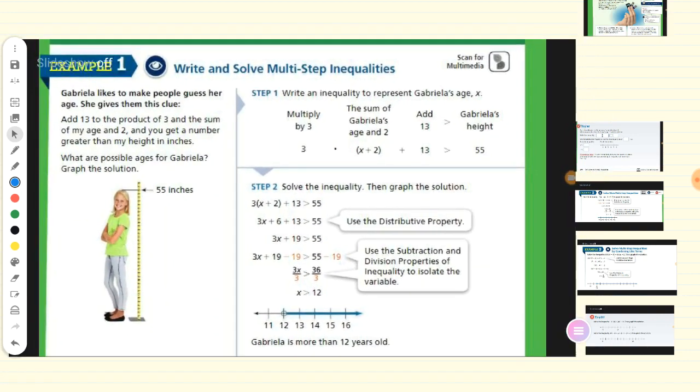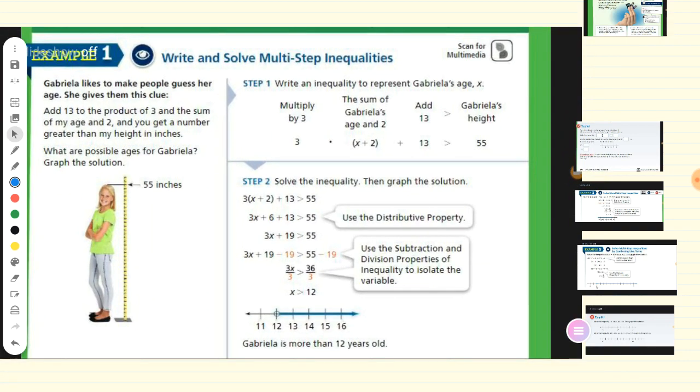First example: Gabriella likes to make people guess her age. She gives them this clue. So you make a small quiz or clue for her friends to see if they can guess her age or not.